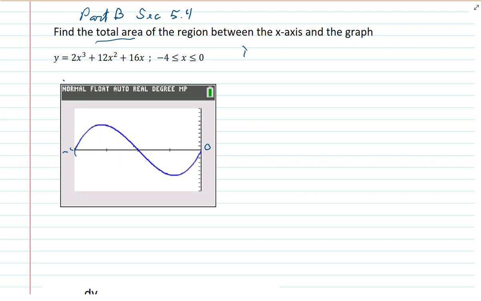So our first step is to find the zeros. To find the zeros, we set y equal to 0 and work out what will make y 0 when x is a value. All right, we're going to factor. I'm going to factor out a 2x.